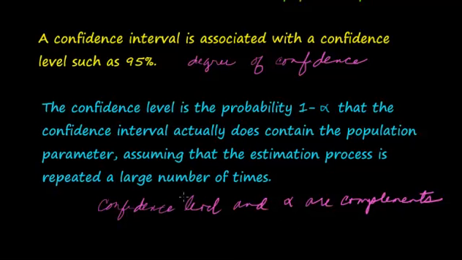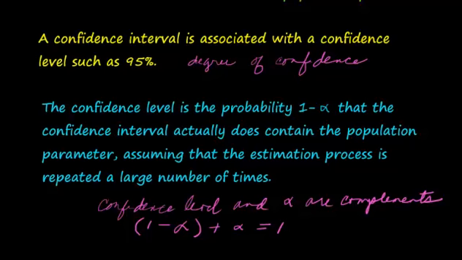So if we have a confidence level, which is 1 minus alpha, and we add to that alpha, so here's our confidence level, here's alpha, of course we get 1. So that's the total sum of the probabilities in the sample space. Same idea. So they are complements.